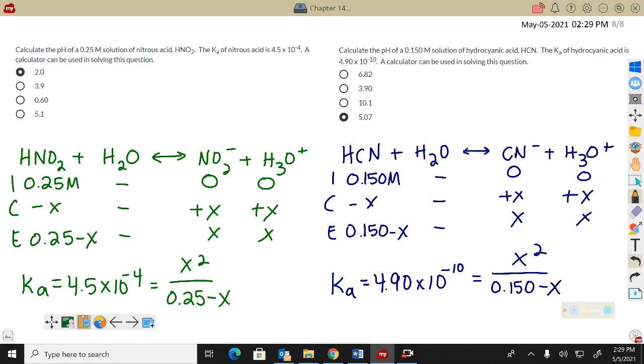And finally, you could use a calculator to determine the pH of a weak acid. Once you do a few of these weak acid calculations, they're all really similar. All of the equations would involve the weak acid in solution with water. So the acid is the hydrogen donor, and the water will be the hydrogen acceptor.